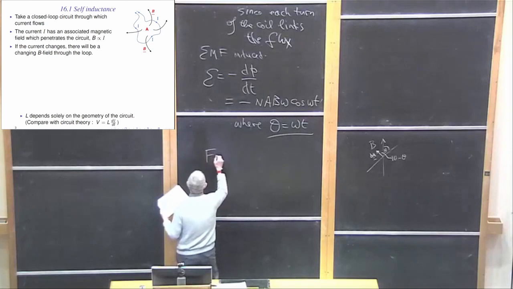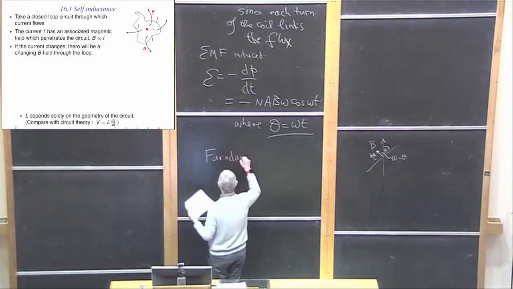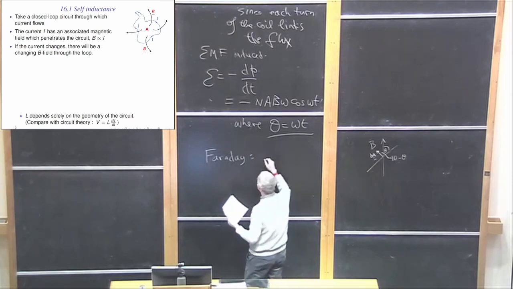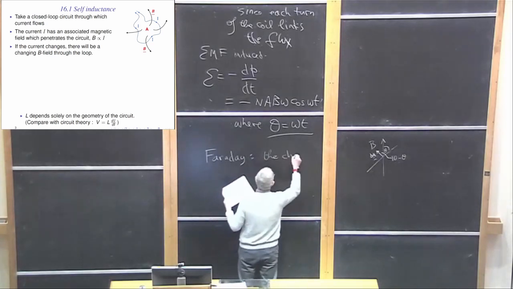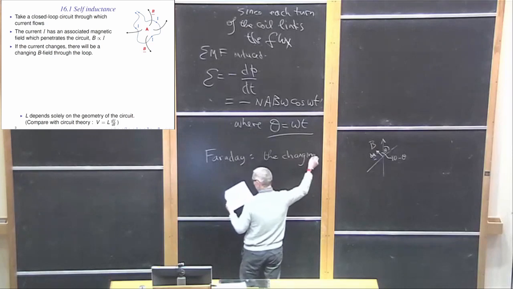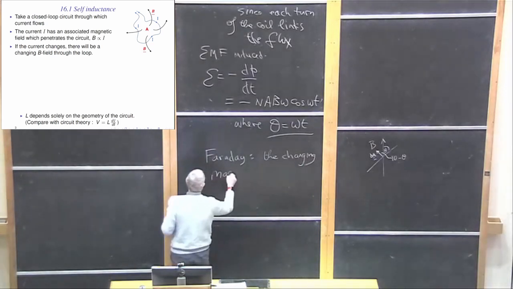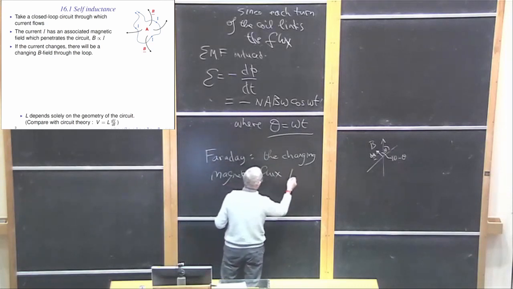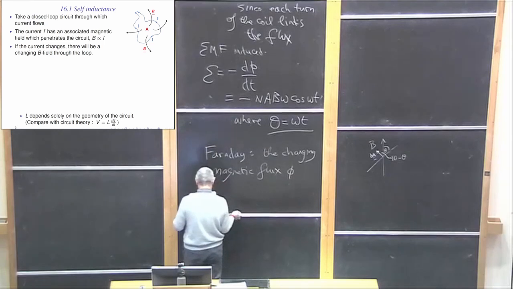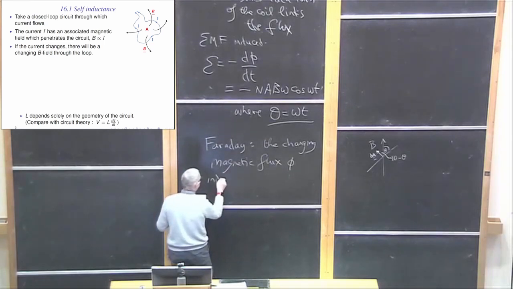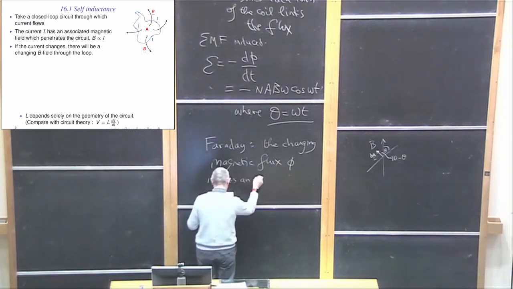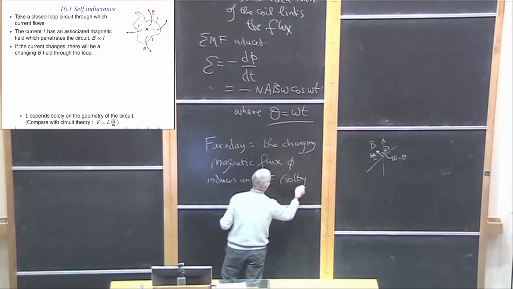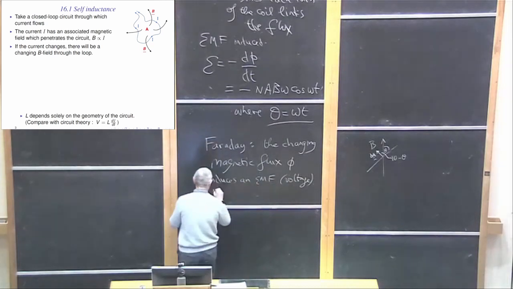So Faraday. We've got a changing B field in the loop, so the changing magnetic flux phi induces an EMF, which is like a voltage in the loop itself.